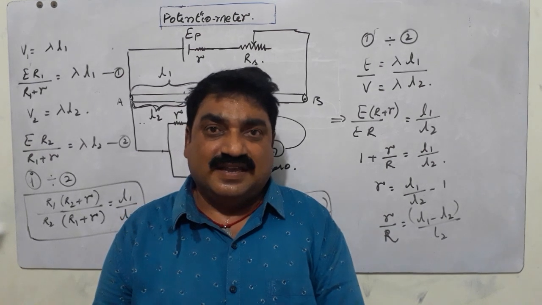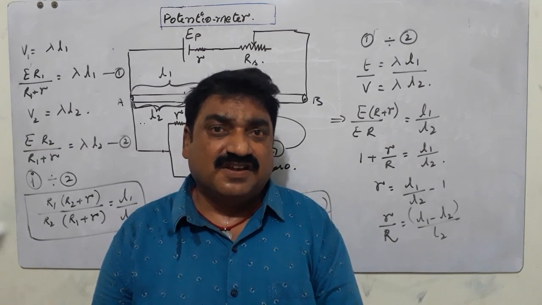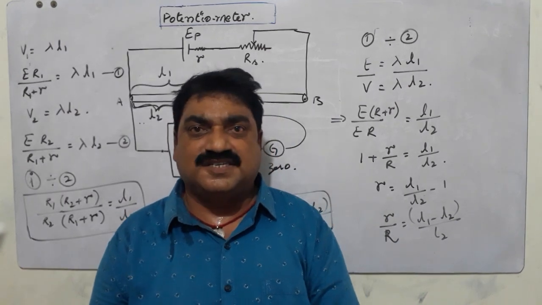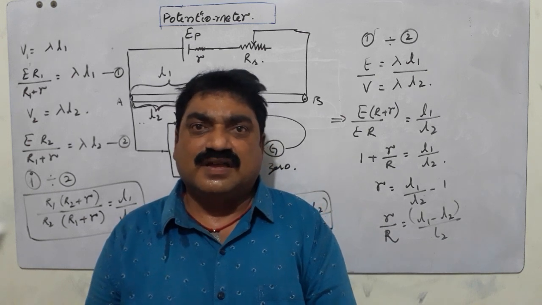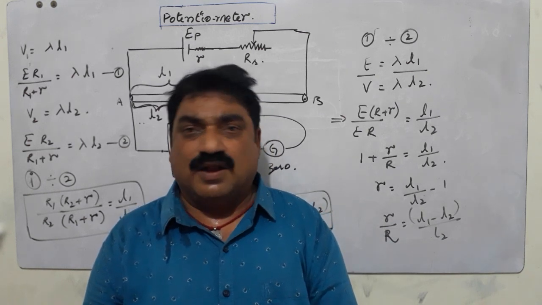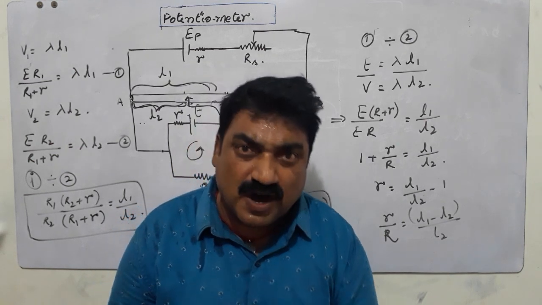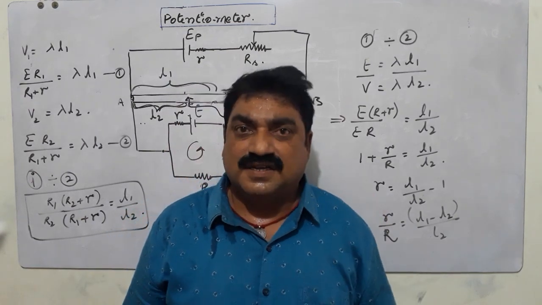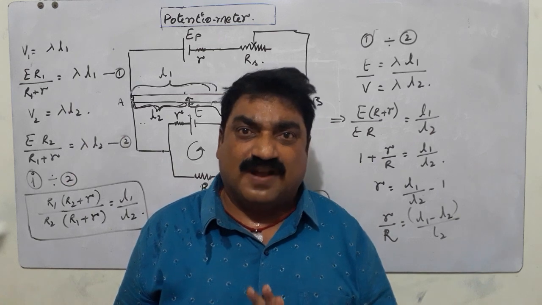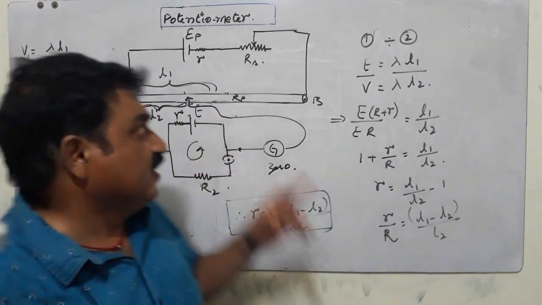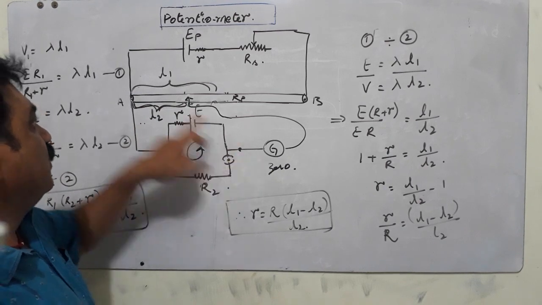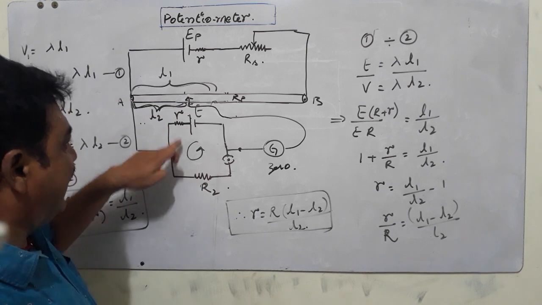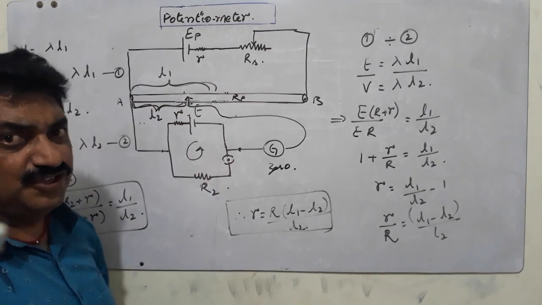This is a device which gives more accurate measurements in the determination of terminal voltage or voltage across any part of the circuit. The main reason is that it draws no current from the external circuit. See here, this current becomes zero. The primary current is not drawn, or this circuit current is not transferred to this instrument.